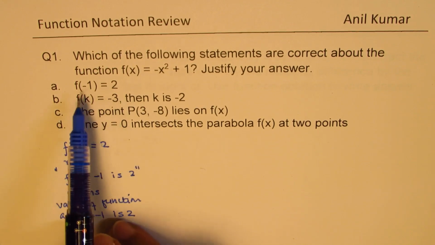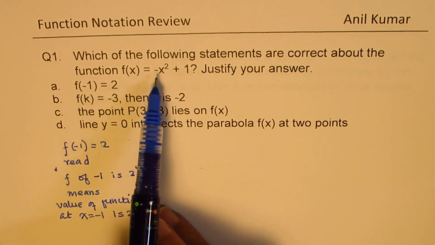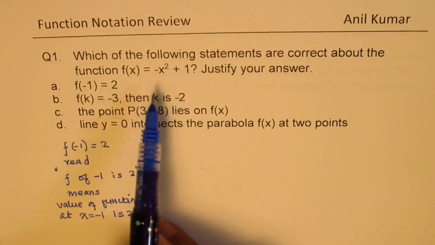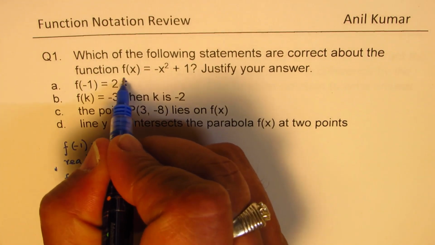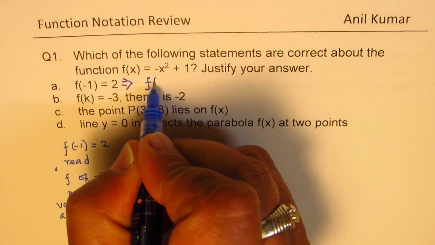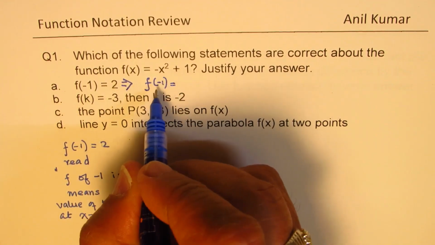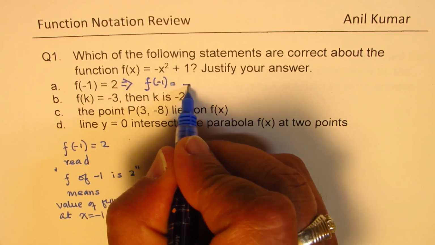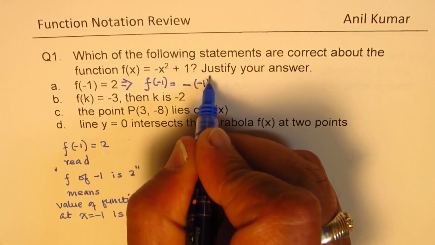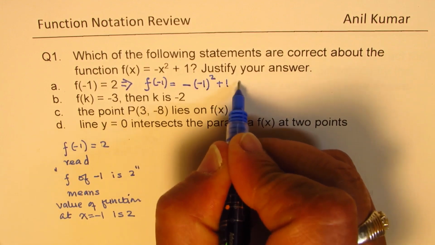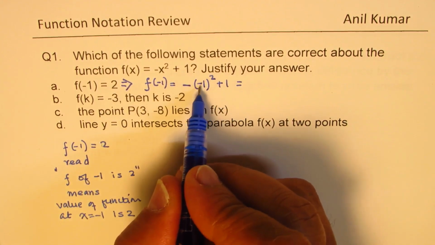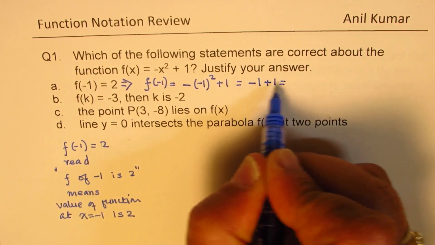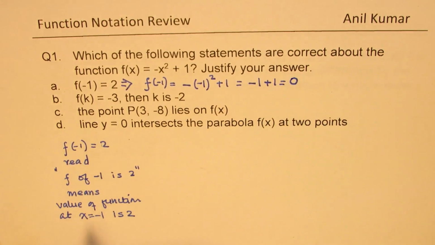We need to justify. So what we can do here is substitute minus 1 for x. f of minus 1 really means substitute minus 1 for x. So we have minus of minus 1 squared plus 1, which is minus 1 squared is positive, so we get minus 1 plus 1, which is 0.